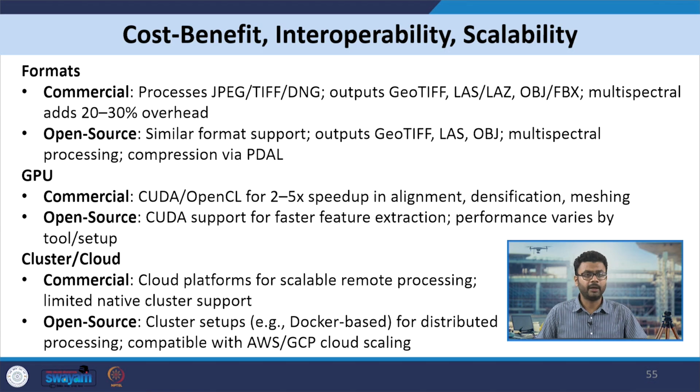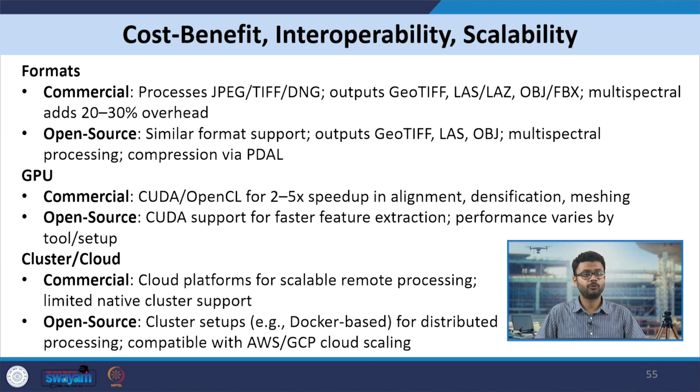In terms of the format, commercial softwares process JPG, TIFF or DNG formats. They output GeoTIFF and .las, .obj multispectral formats. And open source softwares also support similar formats, except that commercial softwares may sometimes have their own locked-in formats. In that case only they become different from open source formats. In terms of the GPU requirements, commercial softwares support CUDA.